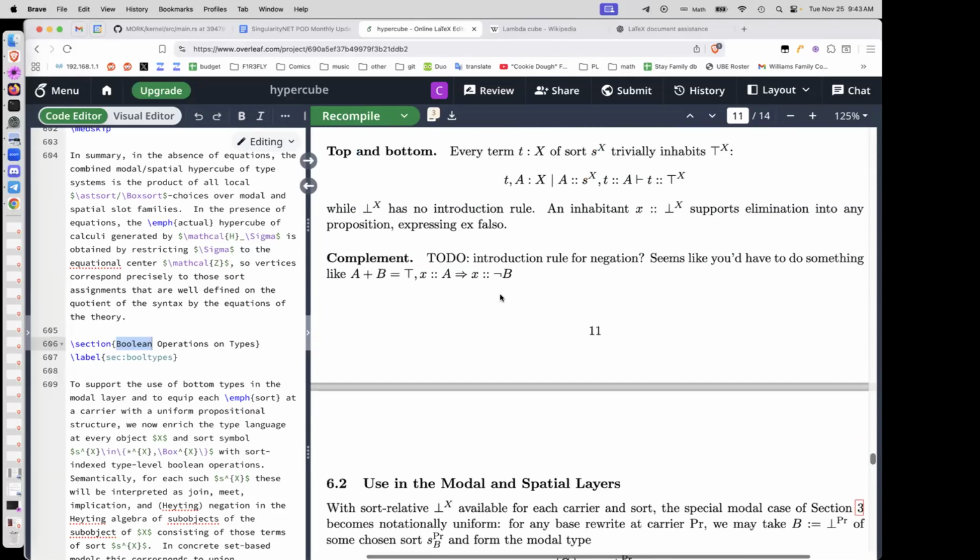In order to introduce Boolean negation, we would have to introduce coproducts, which says if we split the set of all terms into two parts, A and B, that are disjoint, then if we know that X is of type A, we know that it's not B. Because I haven't added disjoint union yet at this point, there's no introduction rule for complement.